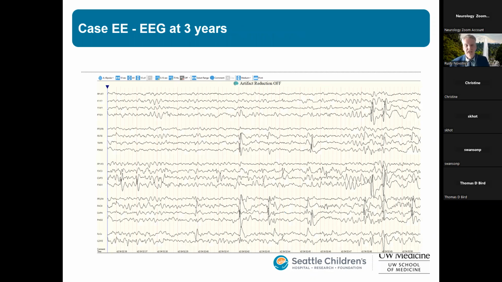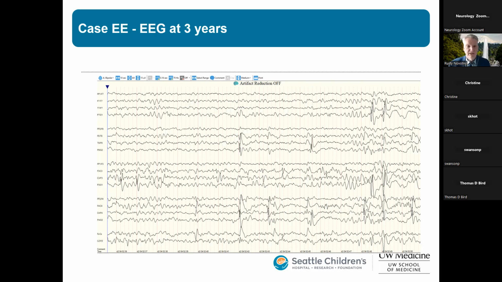And his EEG had this finding that we often see as fairly characteristic, focal central temporal spikes that used to be called benign Rolandic epilepsy, and now we call it self-limited epilepsy with central temporal spikes.